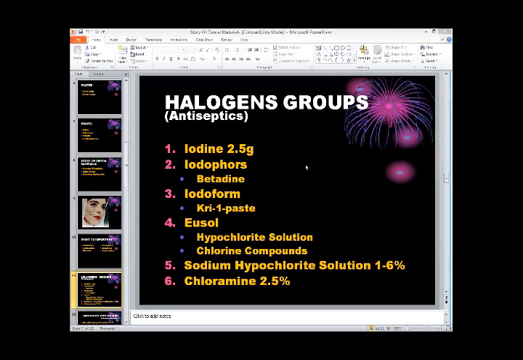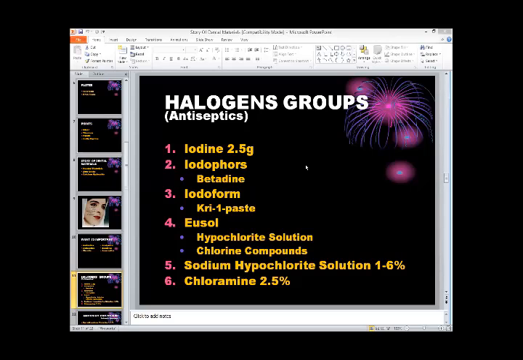But we know that this is the only group which is effective against viruses also. It is a very good compound when we feel there are chances of viruses being present, then it will be an ideal one, and we use it against viruses.